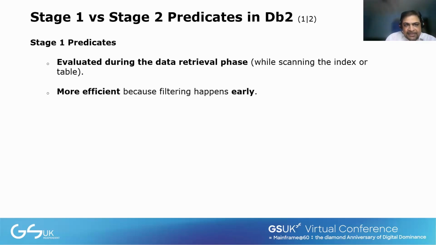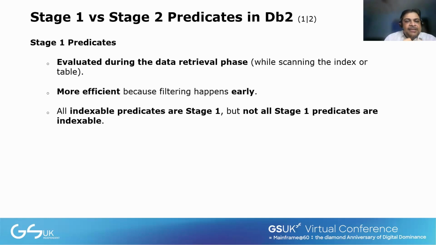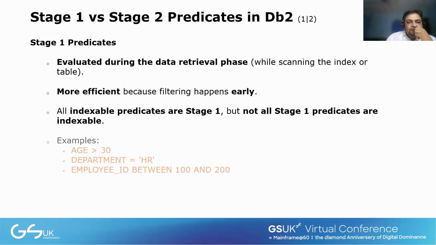It is more efficient than stage 2, because the processing is happening early. All indexable predicates are stage 1, but not all stage 1 predicates are indexable. That we need to understand. Here are some examples.